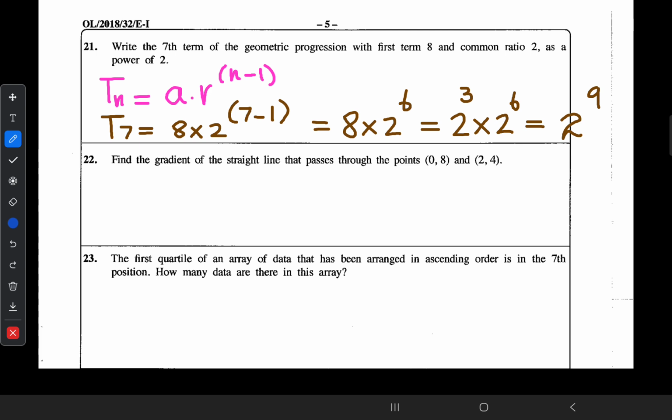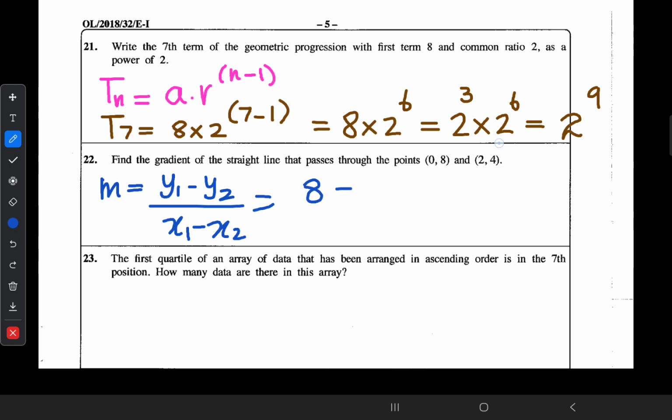Find the gradient of the line. There are 2 points given to find the gradient. There is a formula: the y coordinate difference, y1 minus y2, should be divided by the x coordinate difference. I will denote this one as y1, so 8 minus y2.